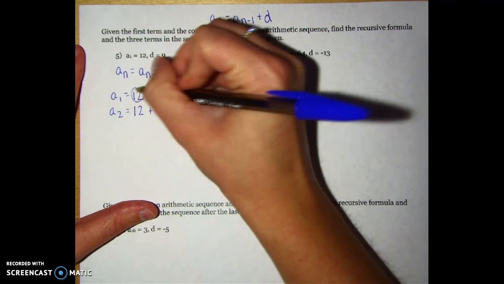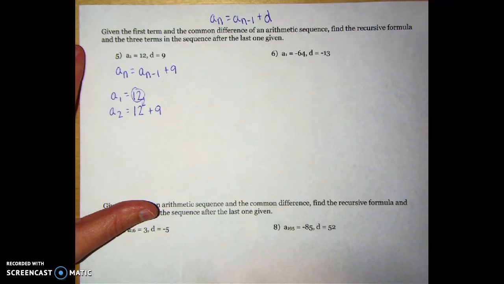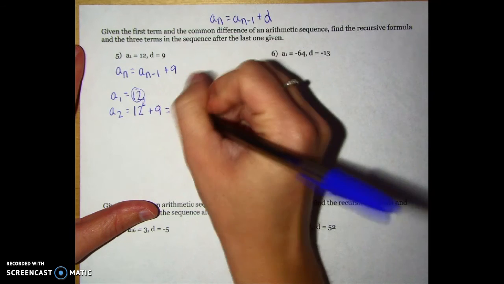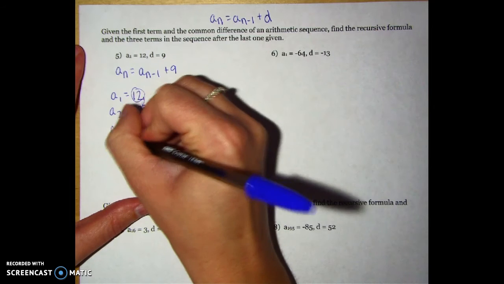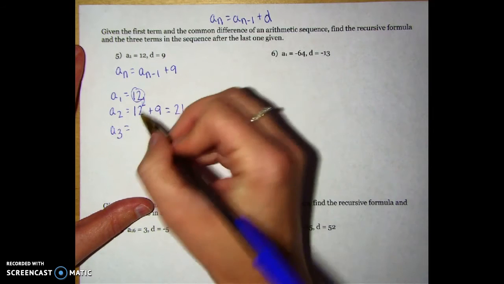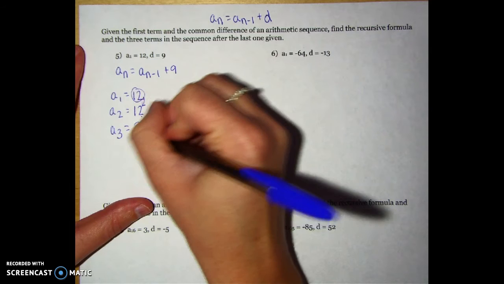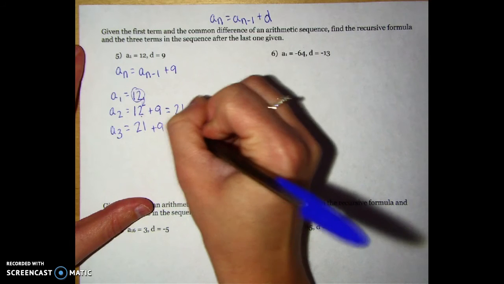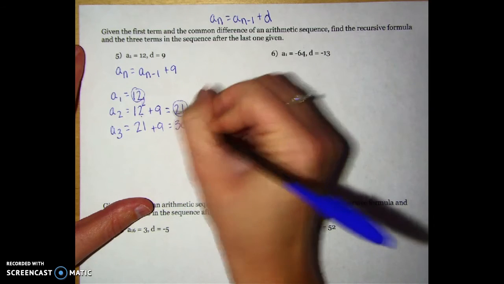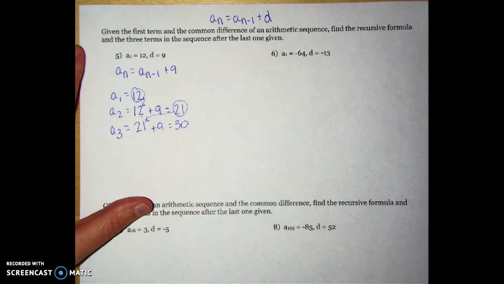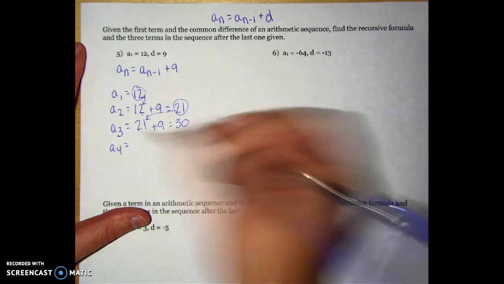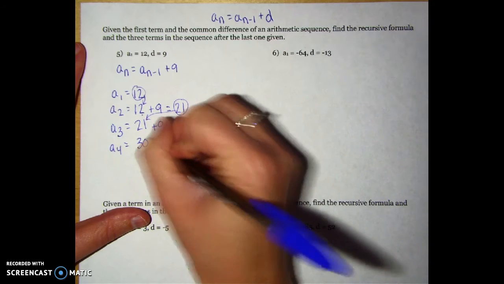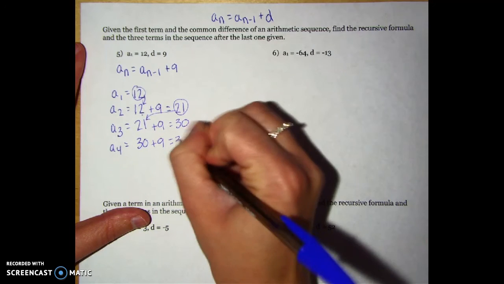So this 12 goes right there. 12 plus 9 is 21. For a sub 3, now instead of plugging in 12, I plug in that 21. So I took the 21 and put it right there. And for a sub 4, take the previous answer, which is 30, plus 9 is 39.